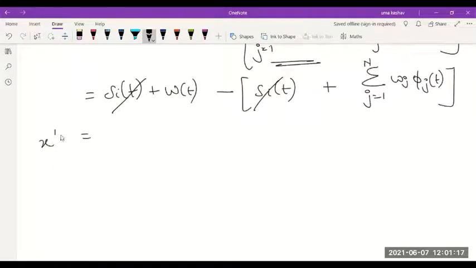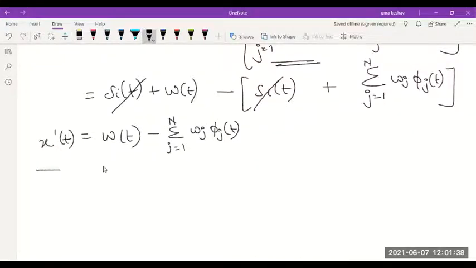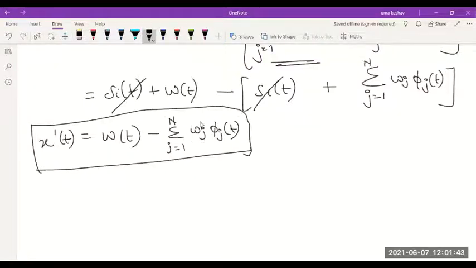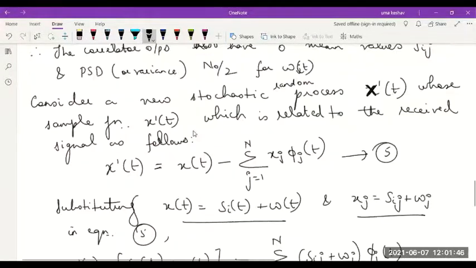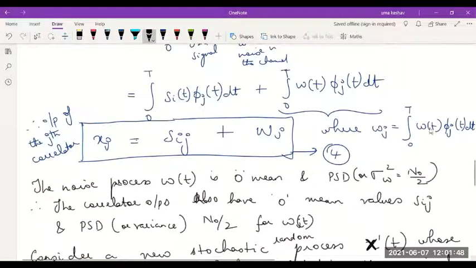We have x dash of t, the new function, is directly related to the white noise minus the summation of the noise process into the orthonormal basis function for each of the correlators. So in each correlator, we are going to take this part of the white noise. What is Wj? I hope you remember. Wj is nothing but integral of the product of the white noise into phi j.